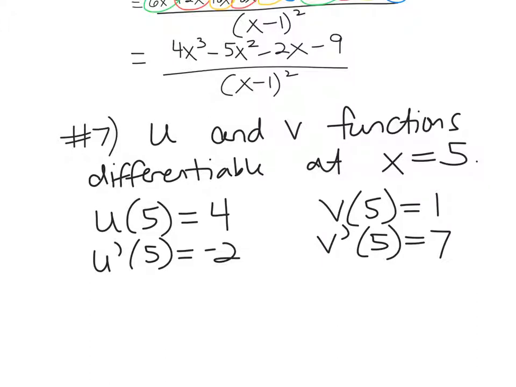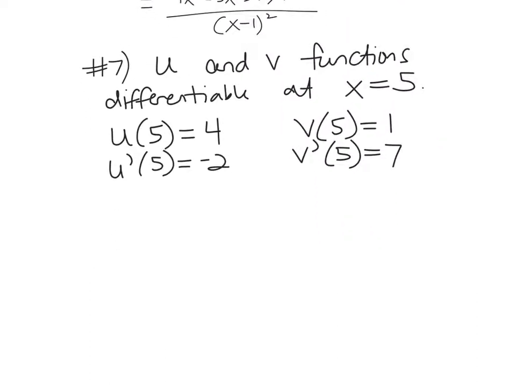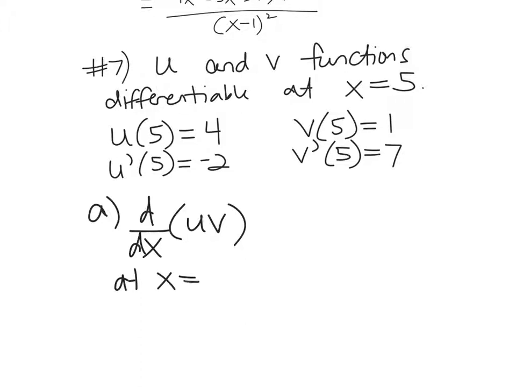Okay, here's what we're going to do. We don't know what the functions are. We don't care what the functions are. They're going to ask us to find the derivative of uv at x equals 5. Okay? That's going to be A.